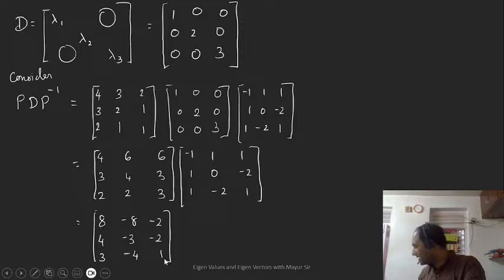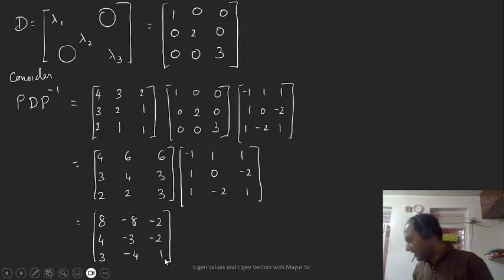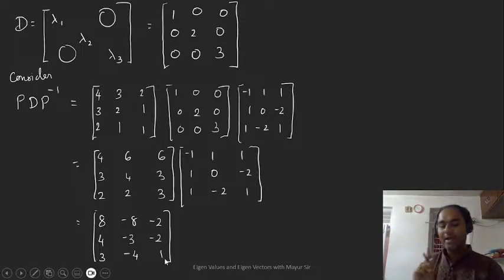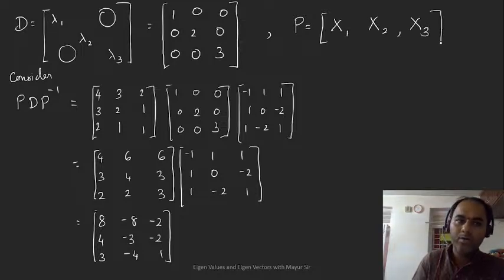You did not get how to form matrix D? Okay, let me help you. D is the matrix made from eigenvalues. And remember how we made matrix P? P is made with x1, x2, x3. So D will be made with the corresponding eigenvalues. Which is the first eigenvector you wrote?